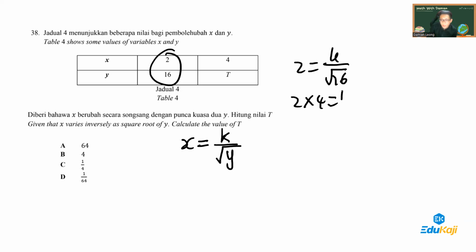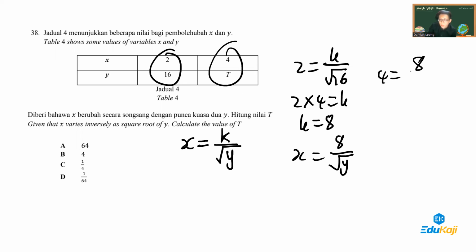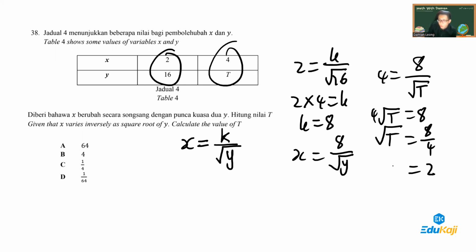So k is 2 times 4, 8. So x is 8 over the square root of y. Now put in this set of values. 4 equals 8 over the square root of t. 4 times the square root of t is 8, so divide by 4, which is 2, and square both sides. t is 2 squared, which is 4. Answer B. Yeah, that's 38.